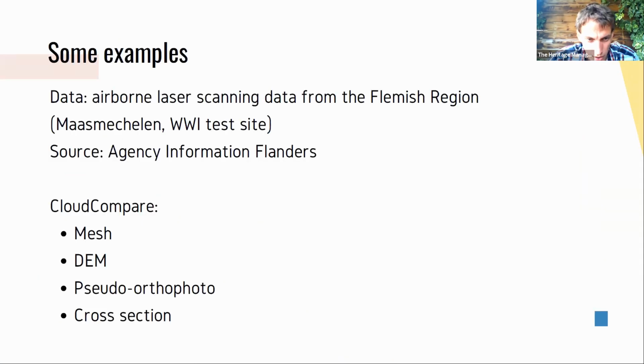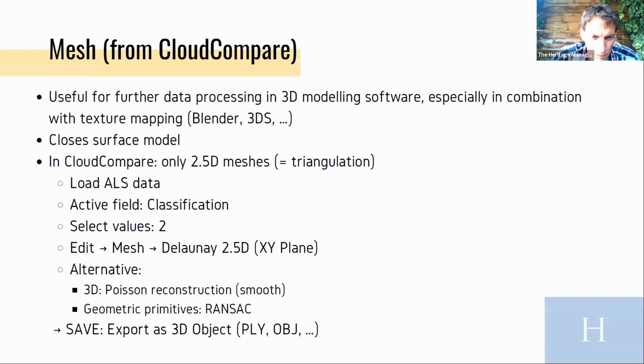So for example, if we are working again with these airborne laser scan data from the Flemish region, and I'm talking about the region of Maasmechelen, this First World War site from the Agency of Information Flanders, we can use CloudCompare to generate some more advanced deliverables like meshes, digital elevation models, pseudo-orthophotos, or cross sections. And that's actually what I'm going to show to you here.